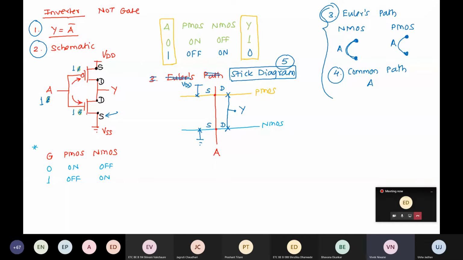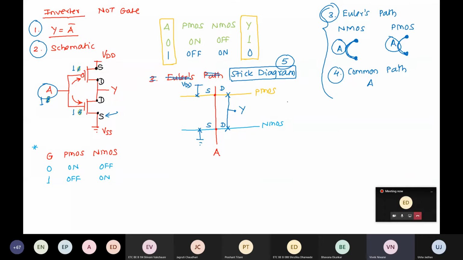We represented each and every MOSFET with a curve. NMOS was one so one curve came, PMOS is one so one curve came. The input name for the gates of both is A, therefore we wrote A here and A here. We will understand Euler's path in more detail when we have more inputs.